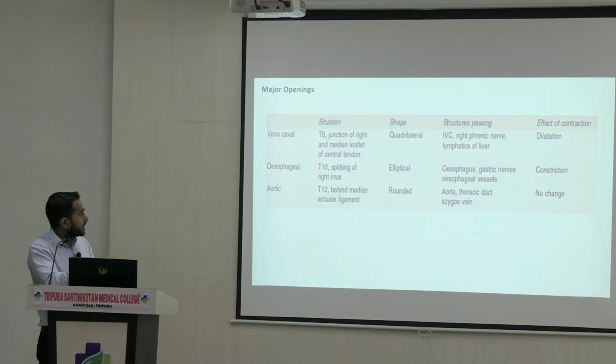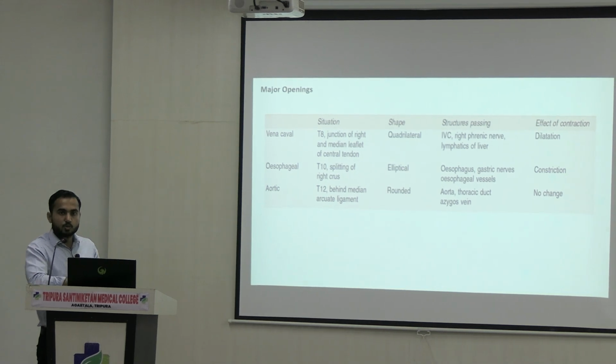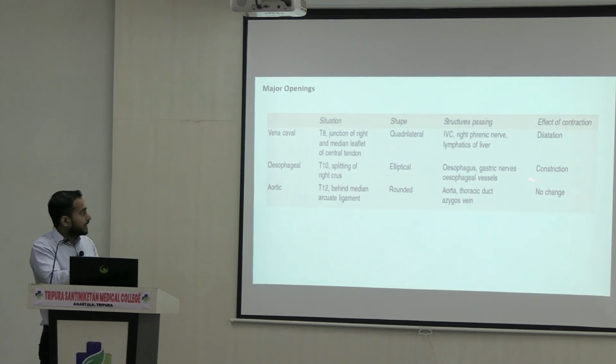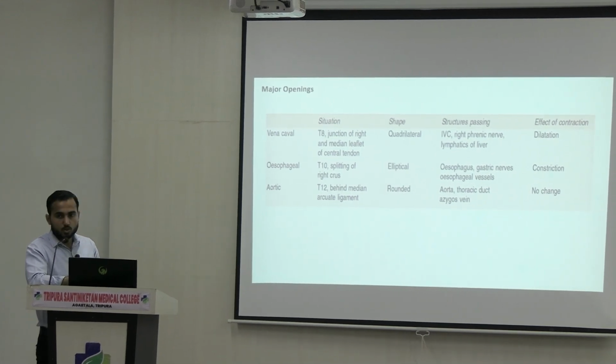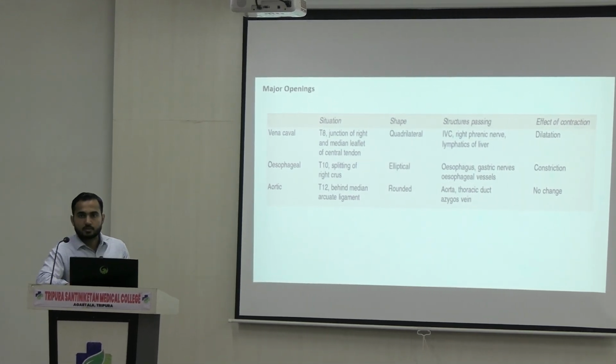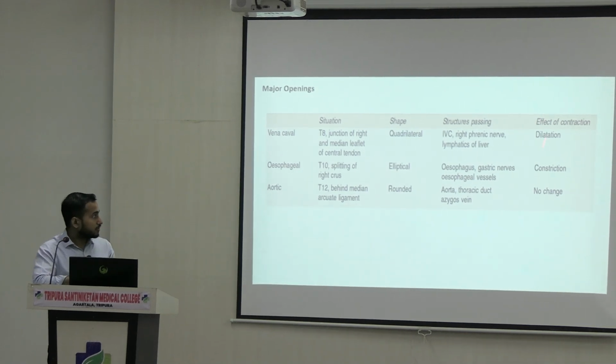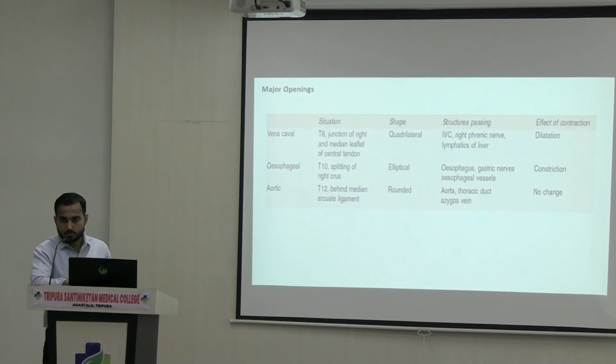The vena cava opening will dilate, so that more venous return can take place. Next, the esophageal opening will constrict when the diaphragm contracts. And in case of aorta, no changes. That also you have to know for MCQs.